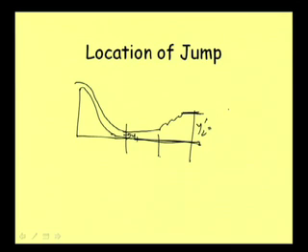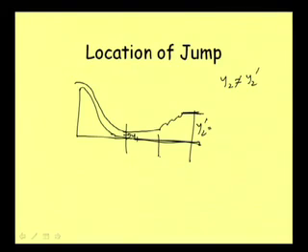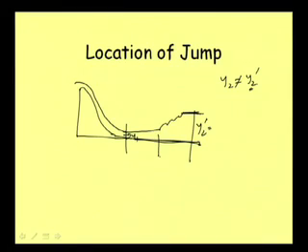Now, if we find that y2 is not equal to y2 dash, the existing tailwater depth, which is the most commonly encountered situation, the calculated y2 will not be equal to the existing tailwater depth y2 dash.